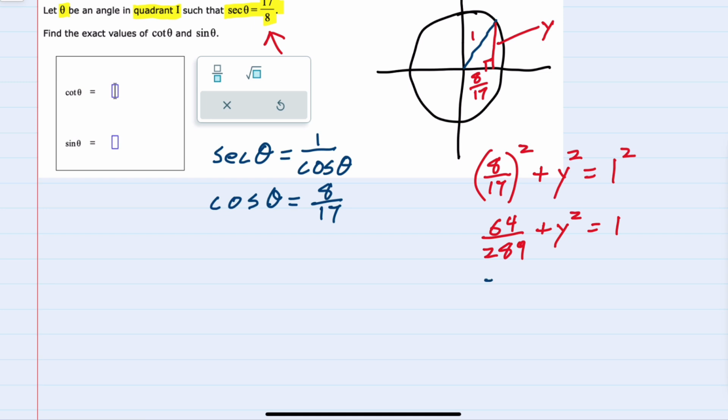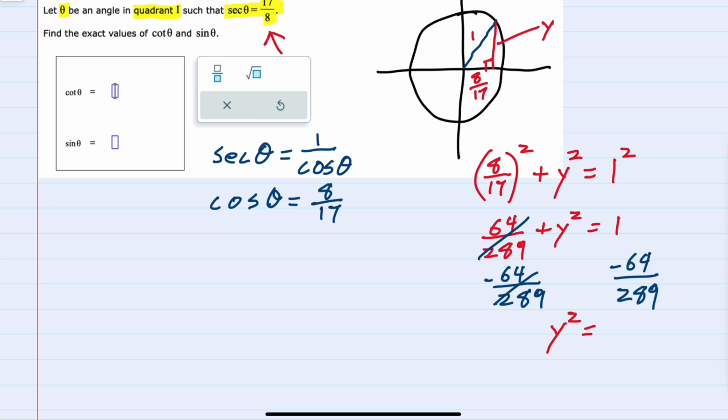And then solving for y, we would subtract the 64 over 289 from both sides. Canceling on the left, I now have y squared equals 1 minus 64 over 289.